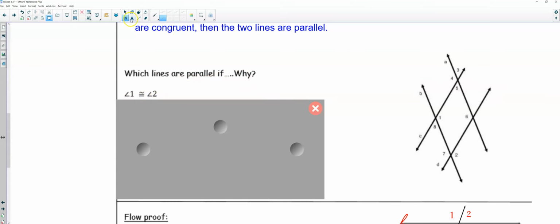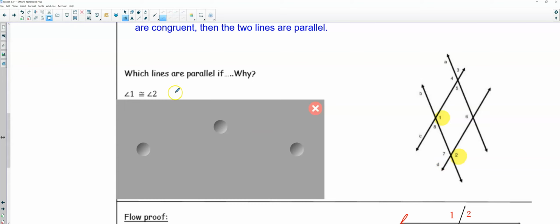In this case, what they're saying is that angle 1 right here is congruent to angle 2. Notice that these two angles right here, if we take lines C and D and then let line B be the transversal, then these would be corresponding angles. So basically, what we are going to say to answer this question is that lines C and D are the parallel lines.